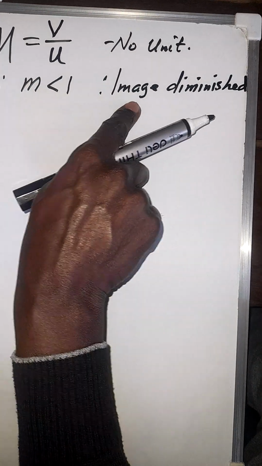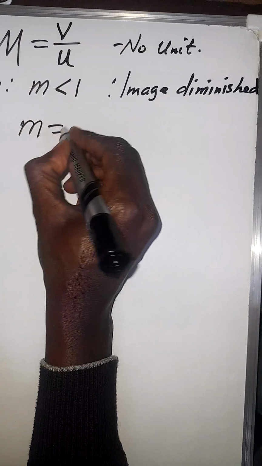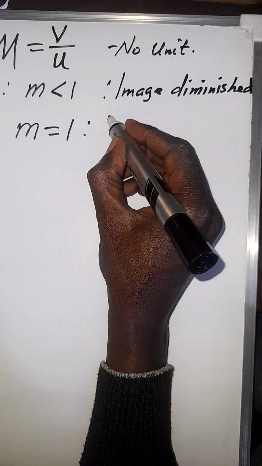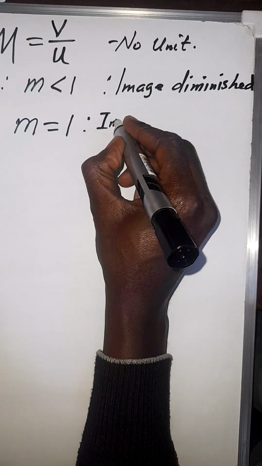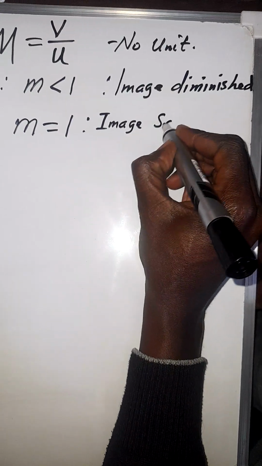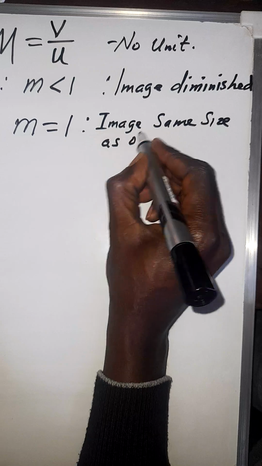So when your magnification is less than 1, just know that the image is diminished. What about if the magnification is equal to 1? Well, when the magnification is equal to 1, it simply means that the image is the same size as the object.